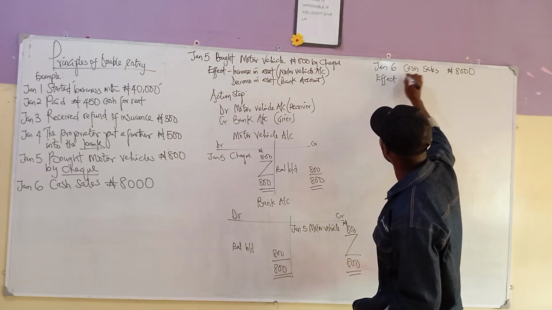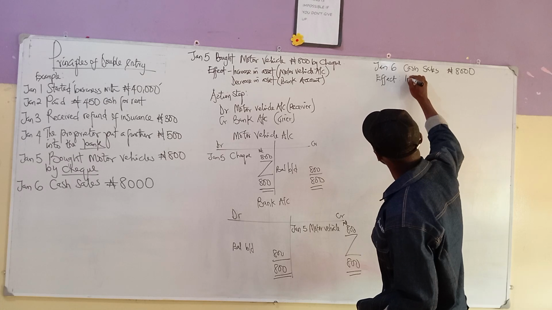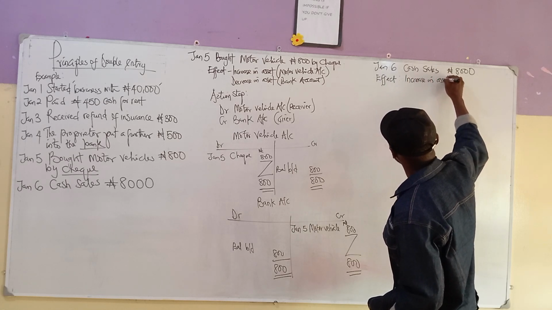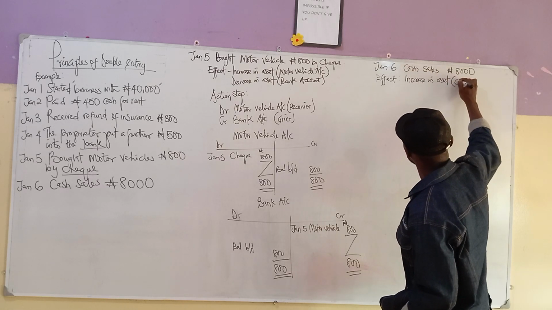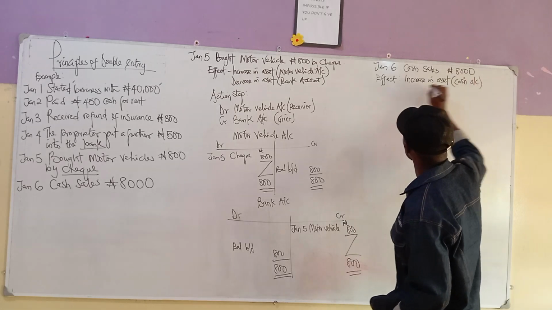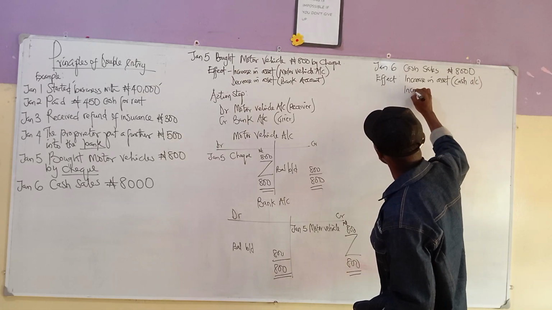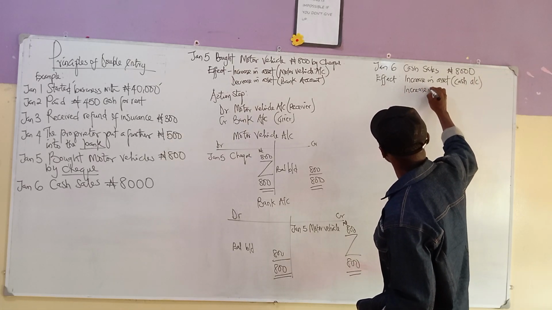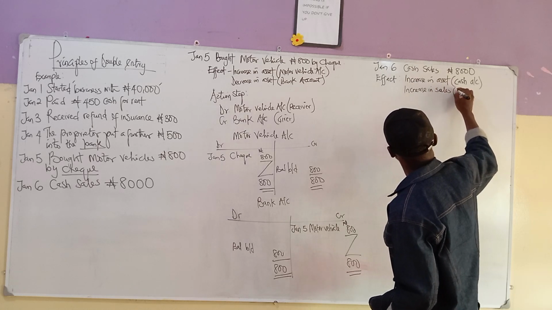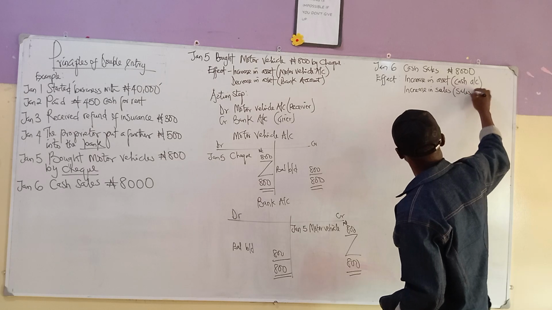Effect is one, increase in assets. Under the asset is cash account because we received more money. Then increase in sales, meaning more goods left are stored under sales account.